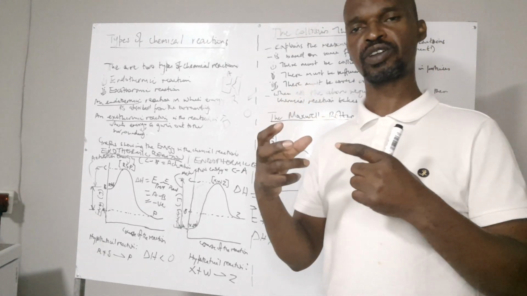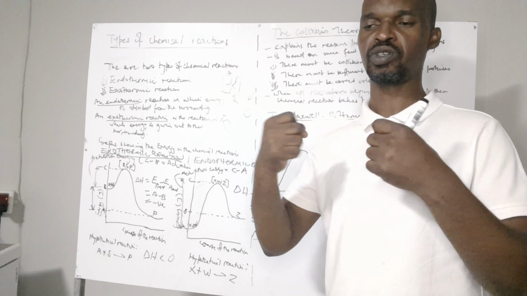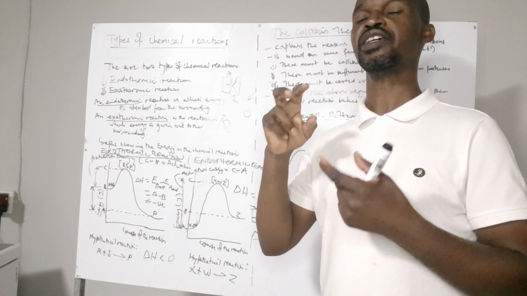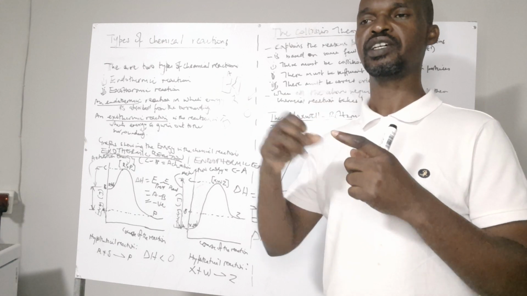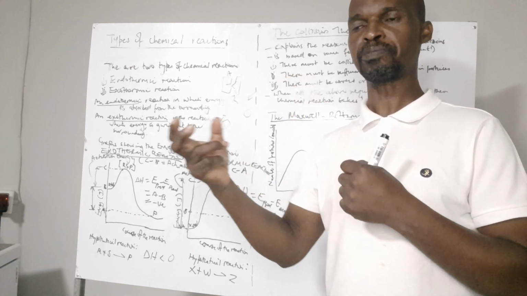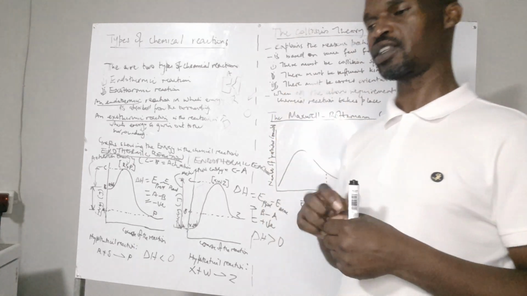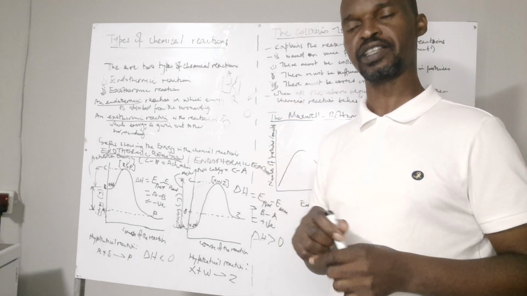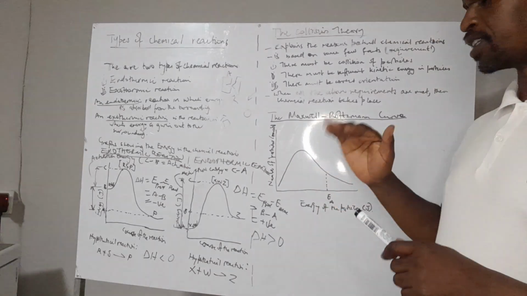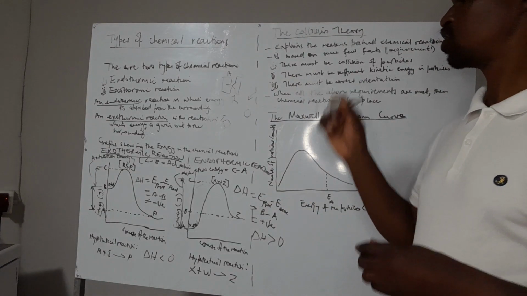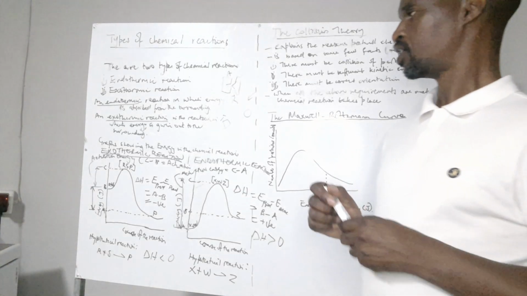Number three, there must be correct orientation. So when those particles are coming to react, remember they must bond. So it means the correct part of one particle must be able to nicely fit onto the other part of the other particle. That is very essential. So those are the basic concepts in the collision theory.